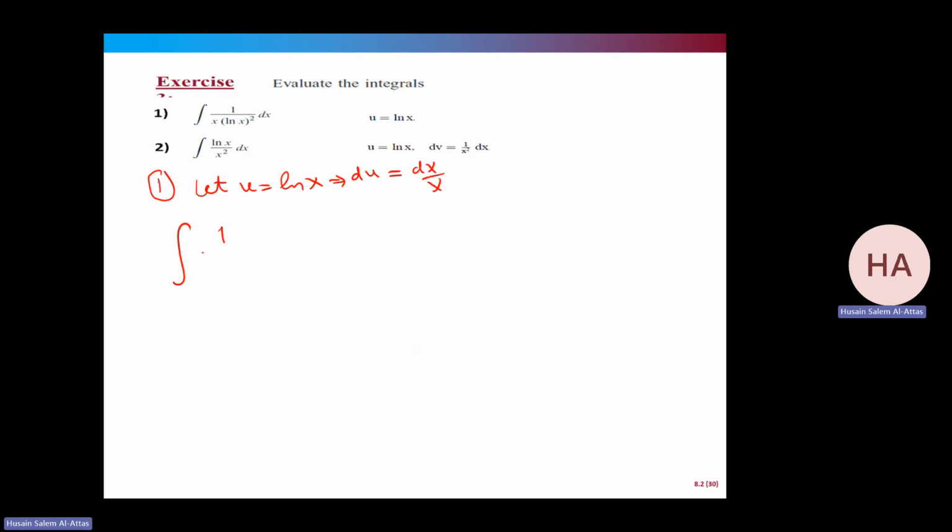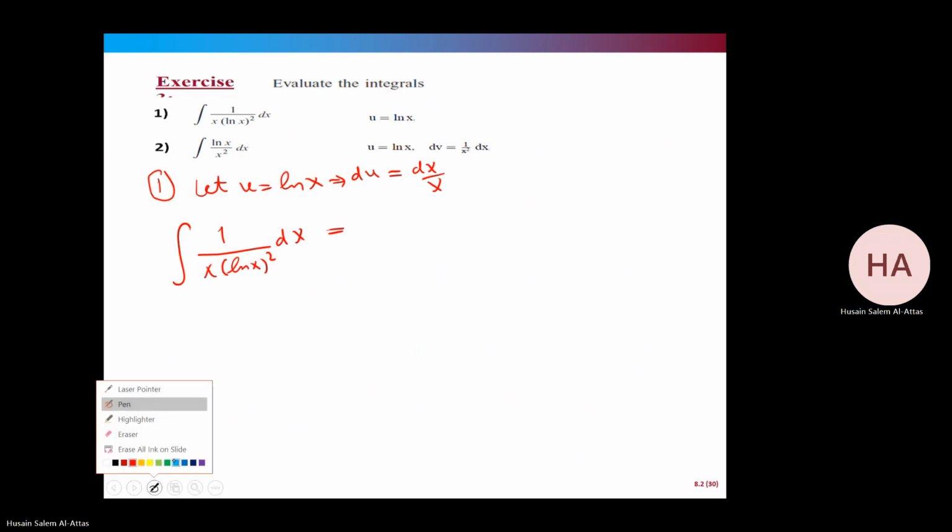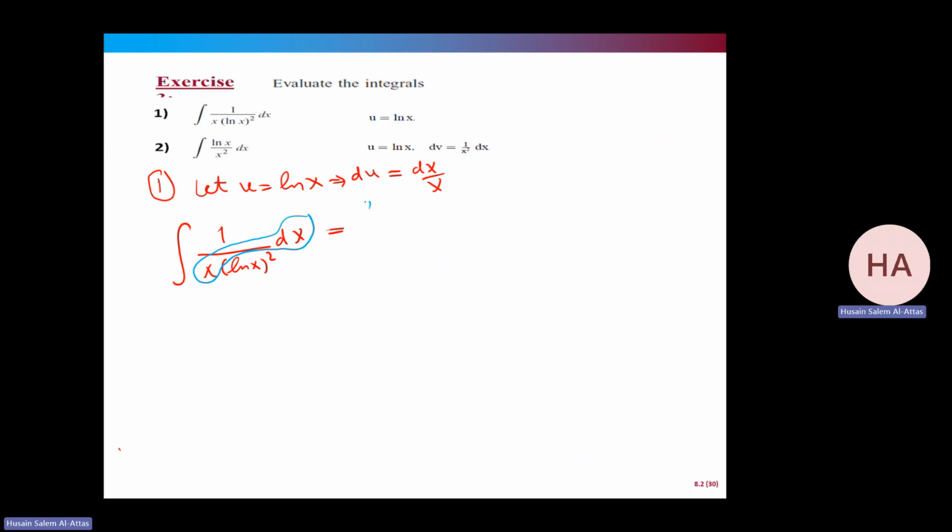So the integral of 1 over x times ln x squared dx will be what? This is my du. So I have the integral of u to the minus 2 du, 1 over u squared, which is u to the minus 2. That gives me what? Minus 1 over u plus c. This is minus 1 over ln x plus c. That's the answer.